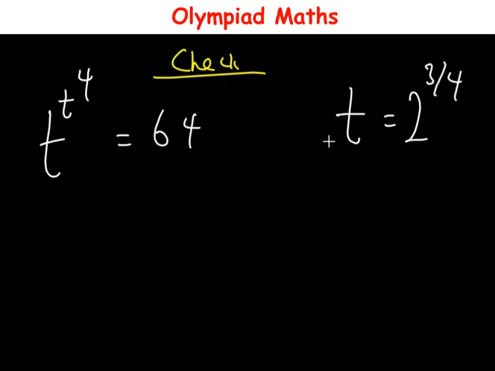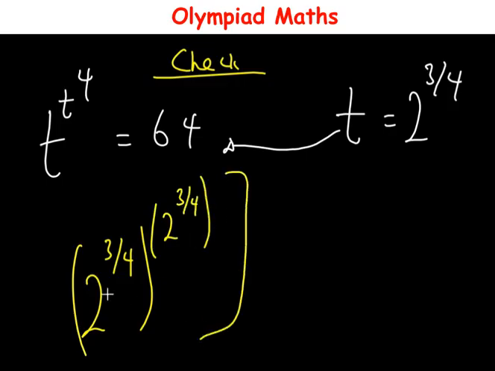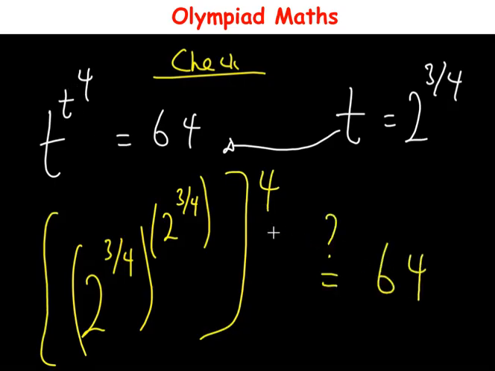So inputting the value of t into this equation, what we have is: in brackets 2 raised to power 3 over 4, then all raised to power 4, equals 64?